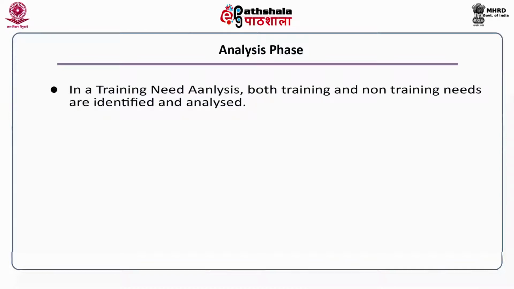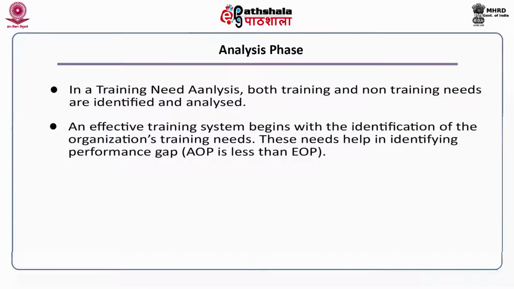In a training needs analysis, both training and non-training needs are identified and analyzed. An effective training system begins with the identification of the organizational training needs. These needs help in identifying the performance gap, that is, when AOP is less than your EOP.